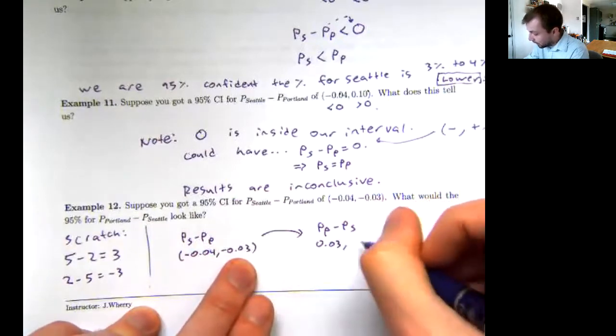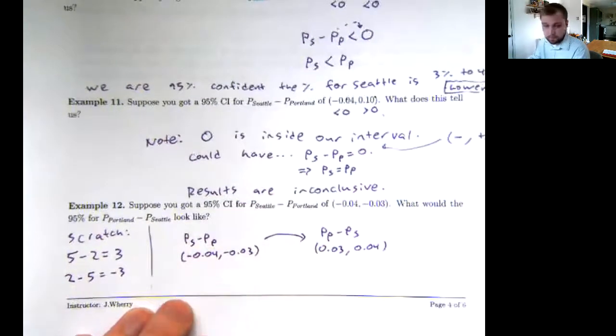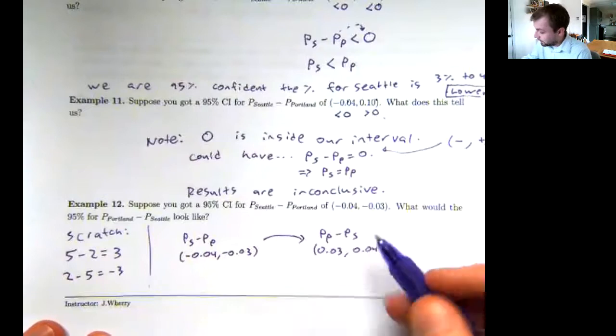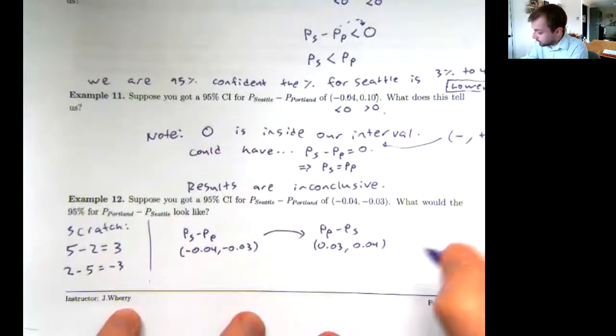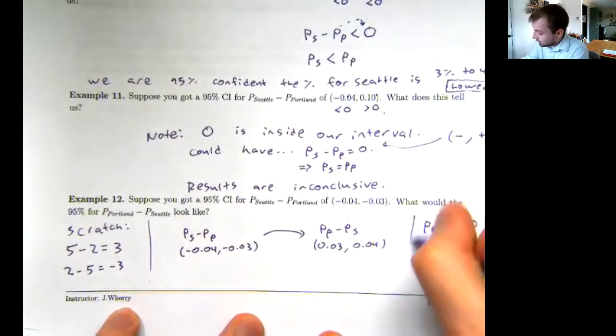So I'm going to have a positive and a positive. Notice here, these are positive numbers. So this tells me Portland minus Seattle is bigger than 0. This tells me the Portland group is better than the Seattle group.